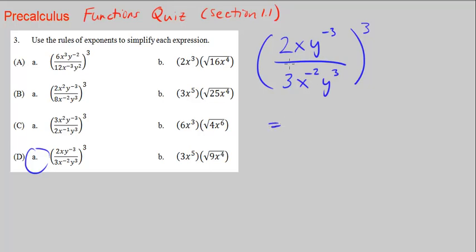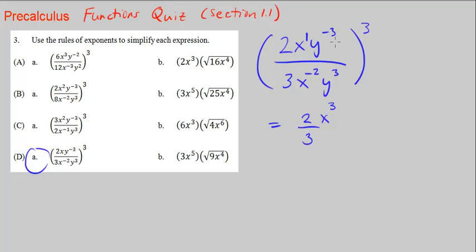So again, I want to simplify and look at each term. So the negative 2 on the bottom, I'm going to bring up. I know that no visible power means it's an invisible 1 there. It's implicit. So that's going to be x to the 1 power times x to the positive 2 power up here. So I'm going to add the exponents and get x cubed.